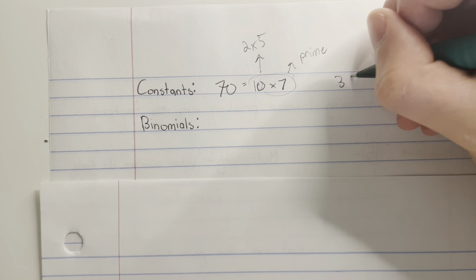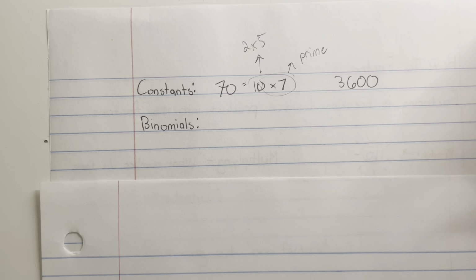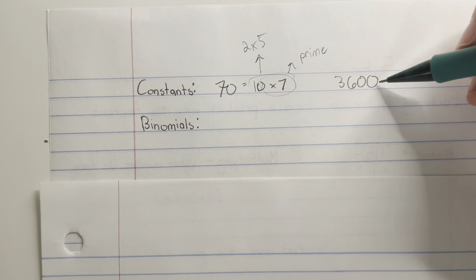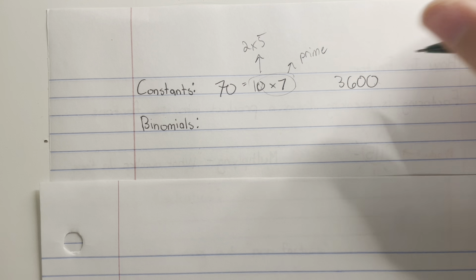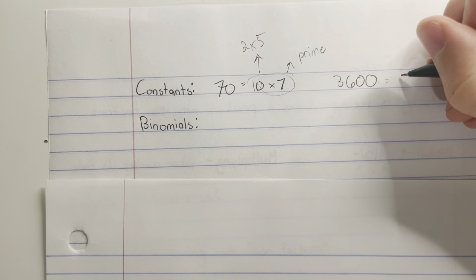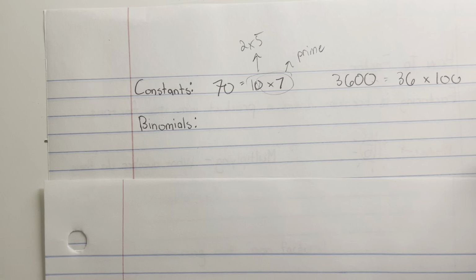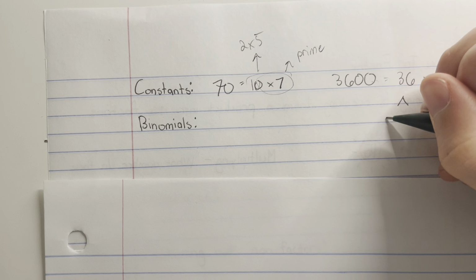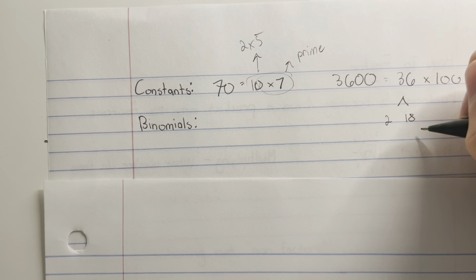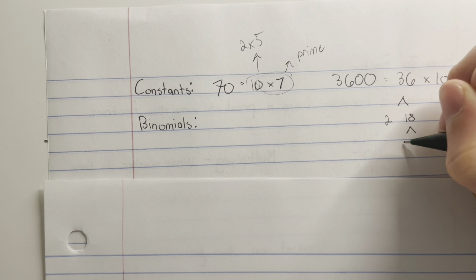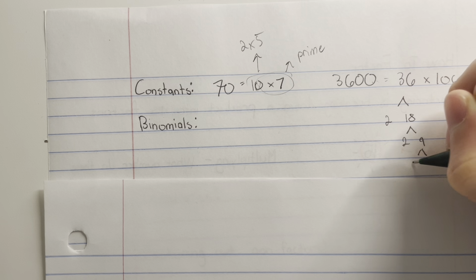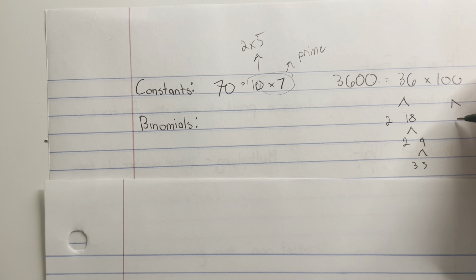What about 3,600? Now this also has some zeros at the end, so this is a multiple of 100 because it has 2 zeros. This can be broken down even further. I'm just gonna blaze through it. 2 times 18 equals 36, and then 18 is 2 times 9, 9 is 3 times 3, 100 is 10 times 10, and 10 is 2 times 5.